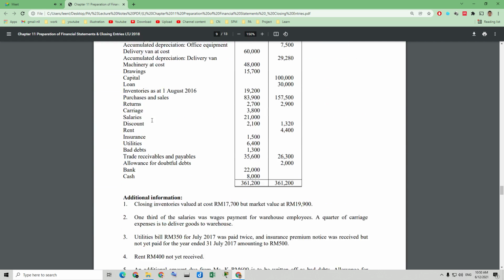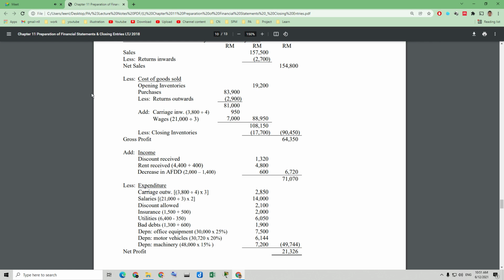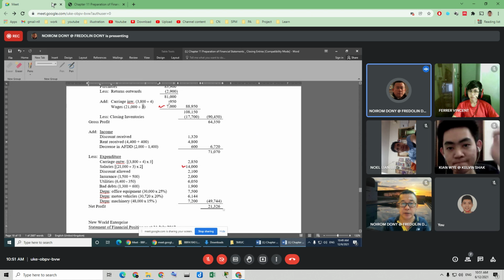So in the trial balance, we have 3,800 carriage. We divide by 4, so that means 950. So 950 is a quarter, 1/4. We divide by 4 times 1 is 950.